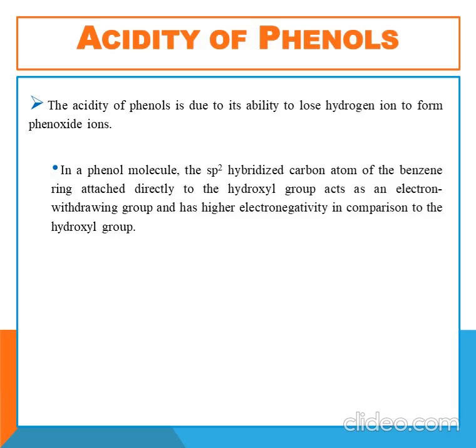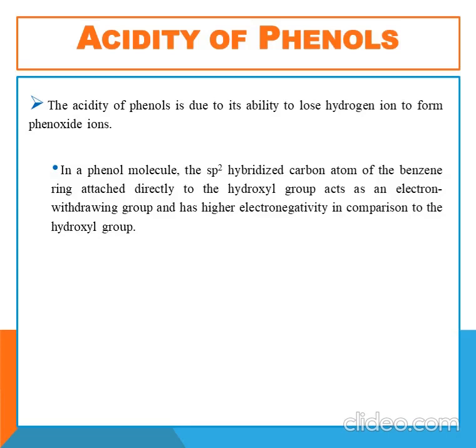As we know, anything that donates hydrogen or loses hydrogen is an acid. So we have seen that phenol can donate its hydrogen and form a phenoxide ion. So this phenol is acidic in nature.